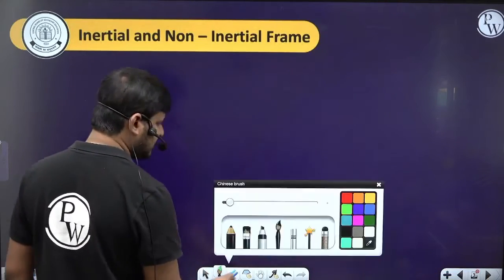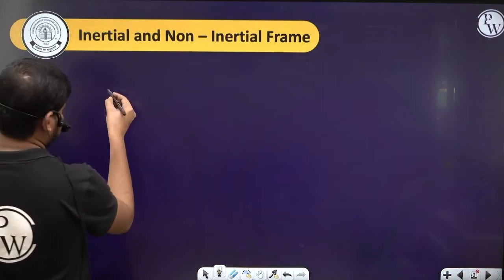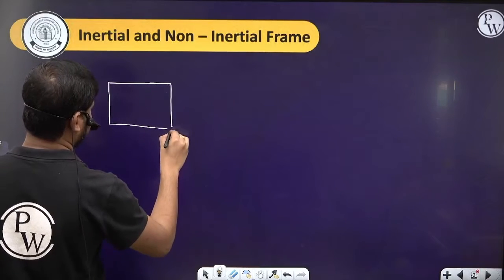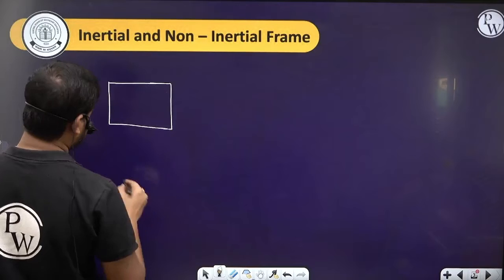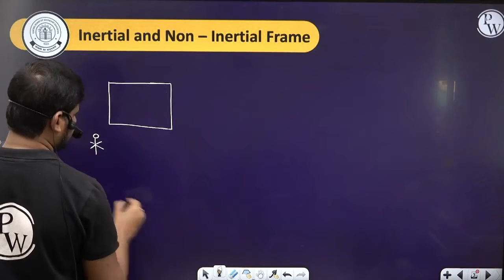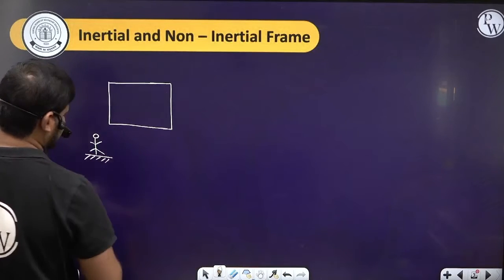What is an inertial and what is a non-inertial frame? See, the simple thing is, consider this is a vehicle, and here the person is the observer. Let's suppose Chintu is standing here.